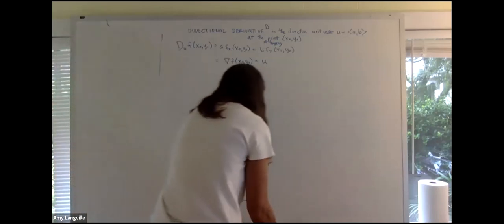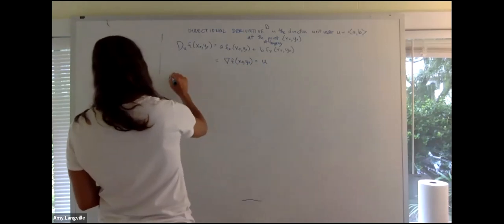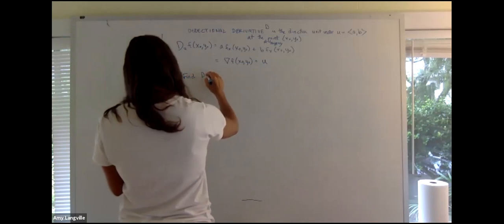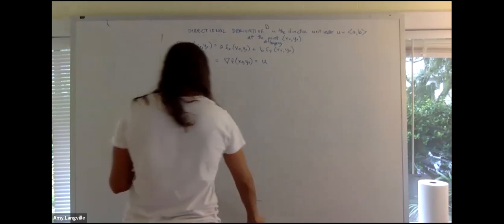Okay, so let's look at an example. Let's do this problem. Find D sub u. Let's just write it this way, write it all out.